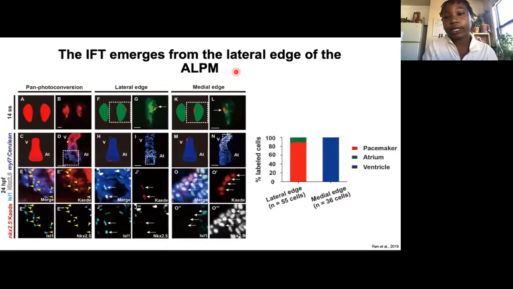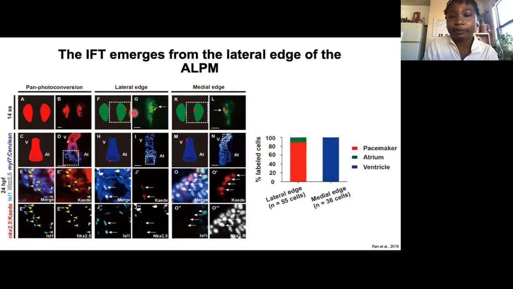One such study comes from one of our collaborating labs here at UCSD, the Chi Lab. A postdoc at the Chi Lab used fate map analysis to characterize inflow tract patterning in the zebrafish anterior lateral plate mesoderm, the ALPM.